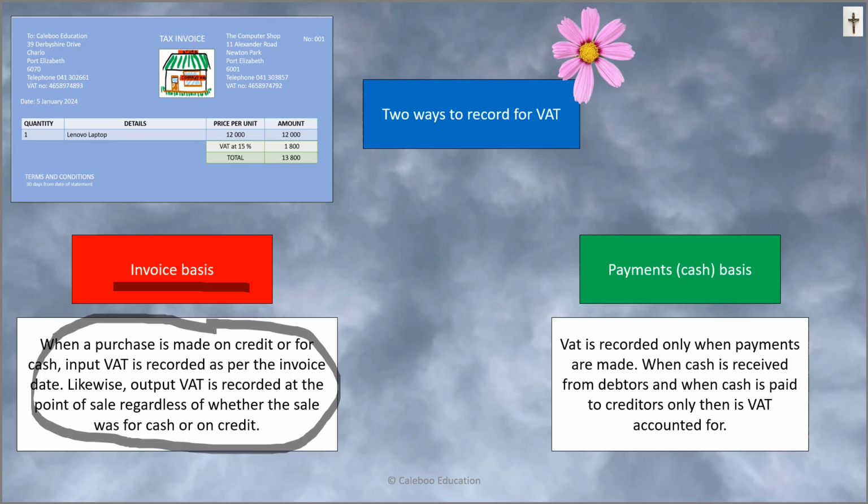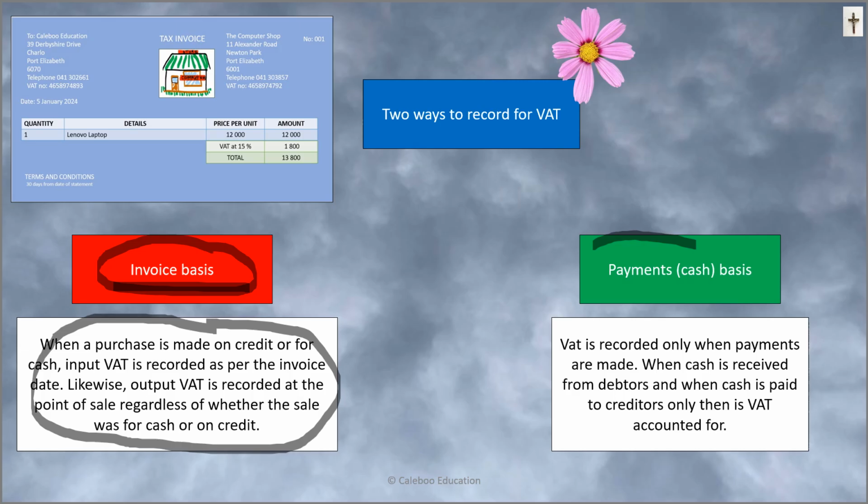So if something is bought on credit or sold on credit, VAT is recorded. If an item is bought cash or sold cash, input and output VAT is recorded. So with the invoice basis, VAT is recorded at the time the transaction takes place.